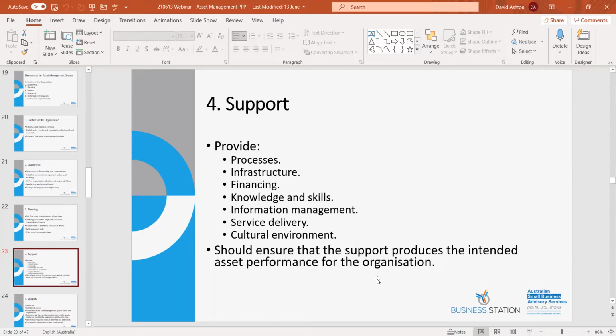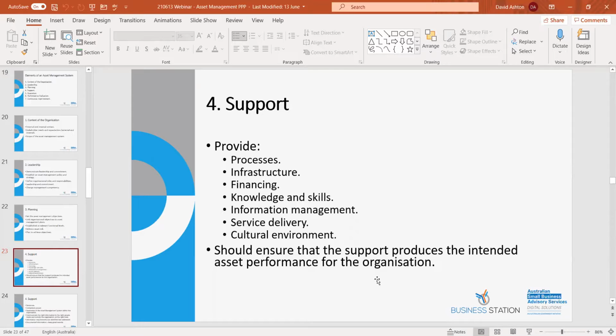Information management, so record keeping, document control, having policies and procedures available for staff to look at. Competency and awareness, so reinforcing the asset management system at team meetings and the like.